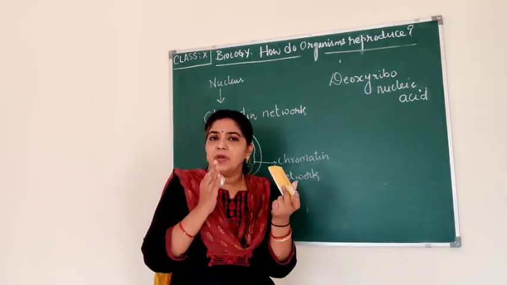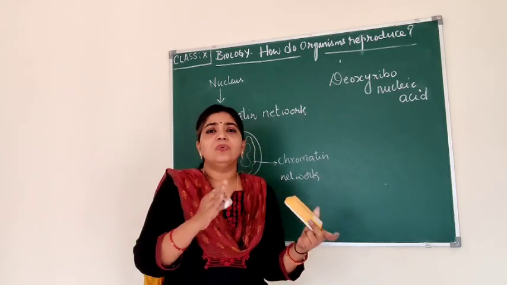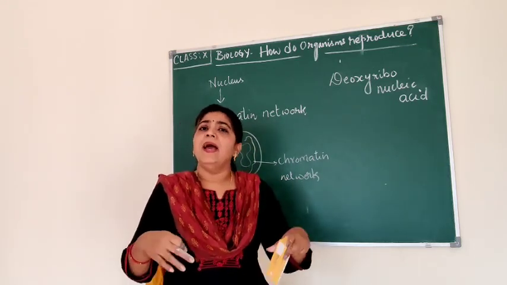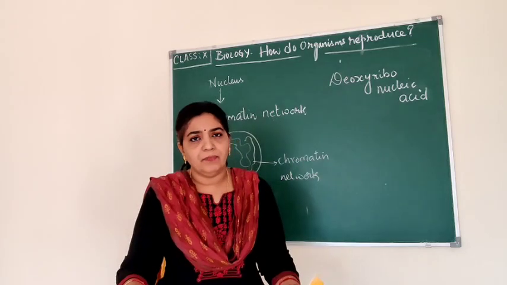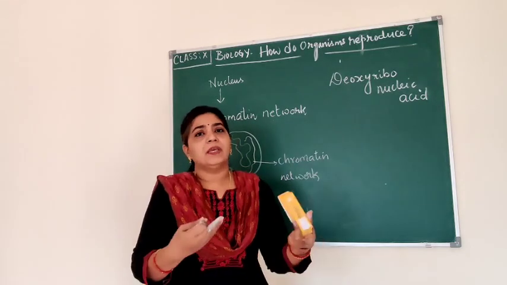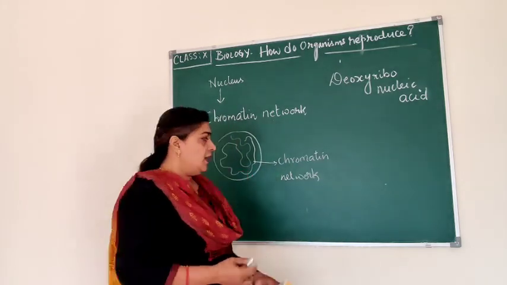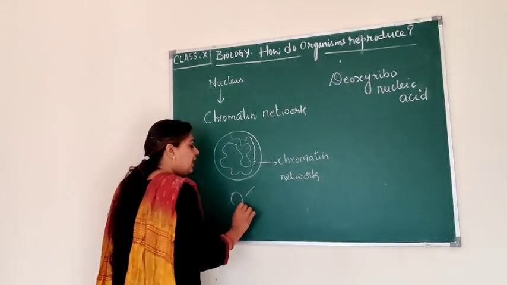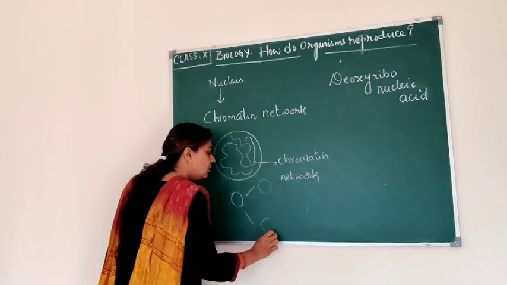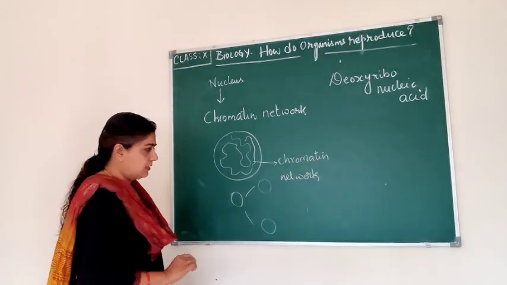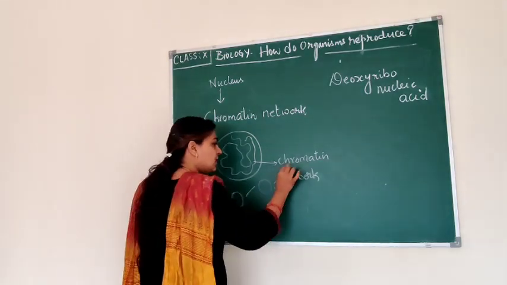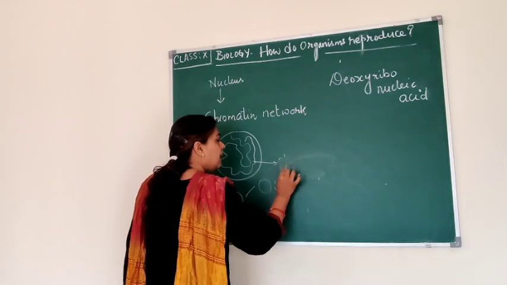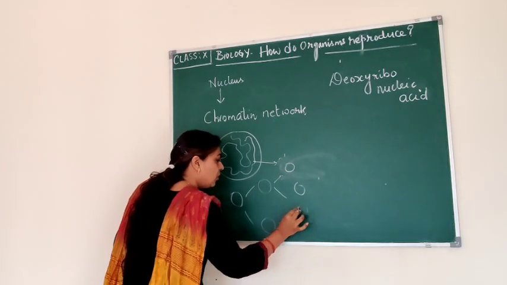So from one parent cell, two cells will be formed. And those two cells again will divide and form two more cells each, and again these will also divide and form more cells.